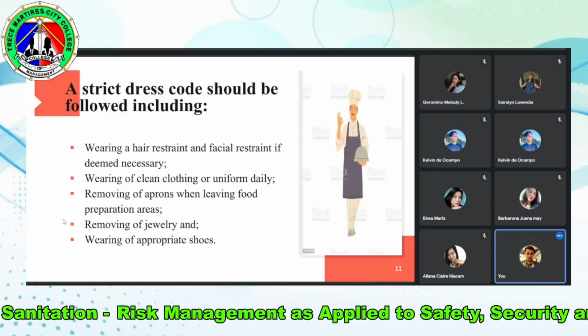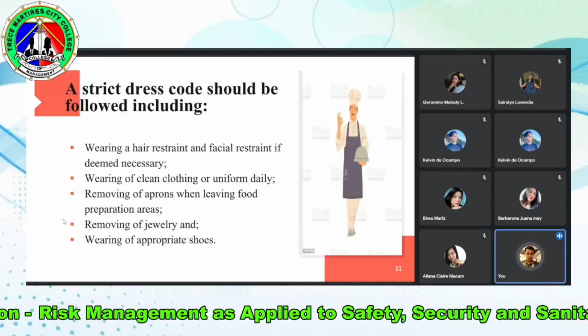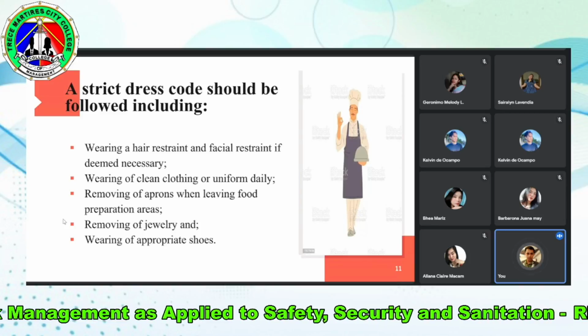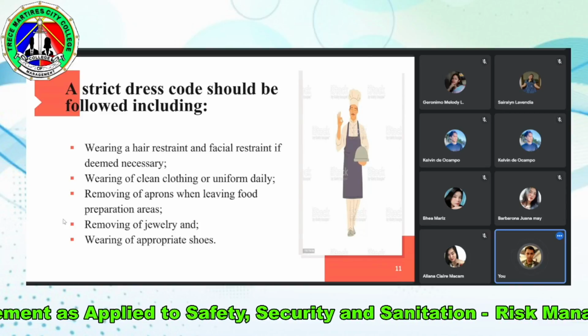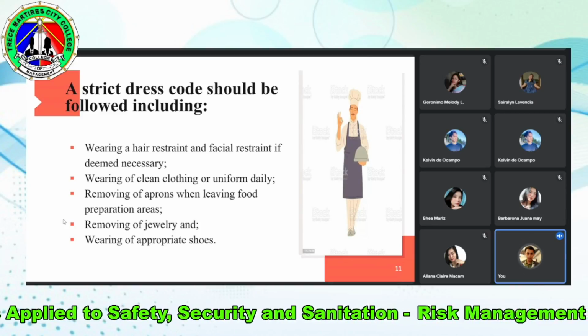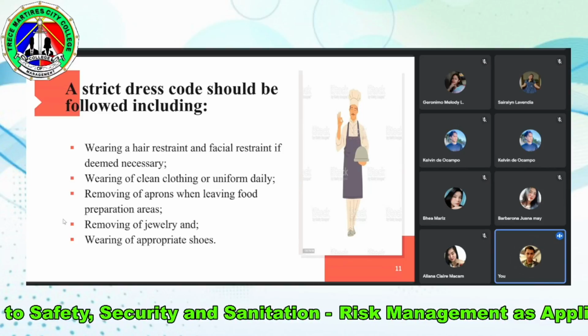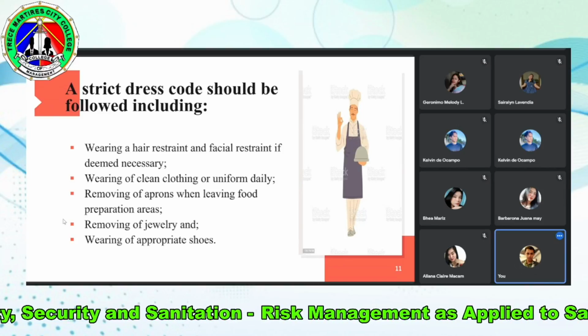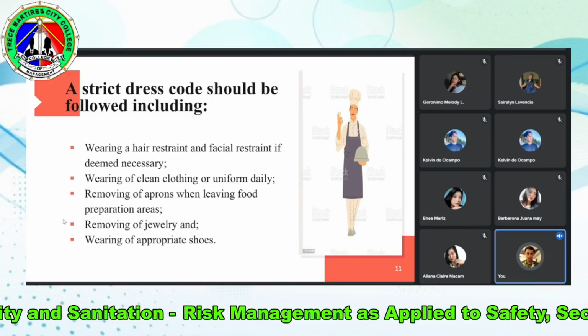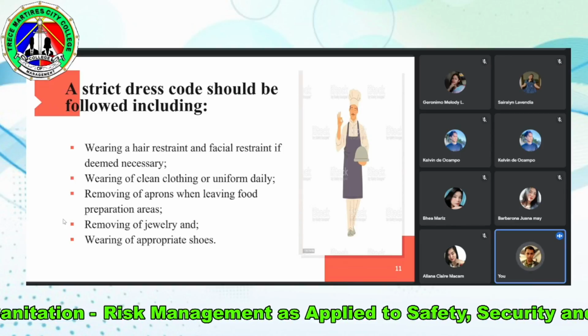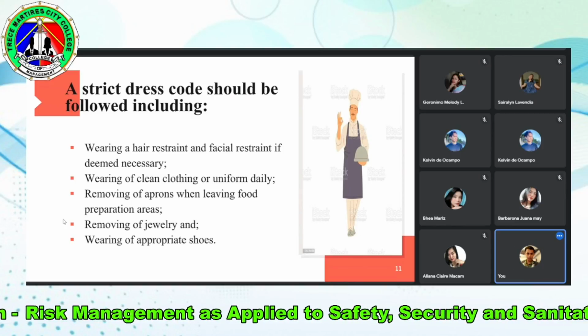Aside from maganda siyang tingnan and it's the procedure, what else? What factors ang nire-require, bakit natin kailangan sundin yung mga proper attire na nire-require ng isang workplace?